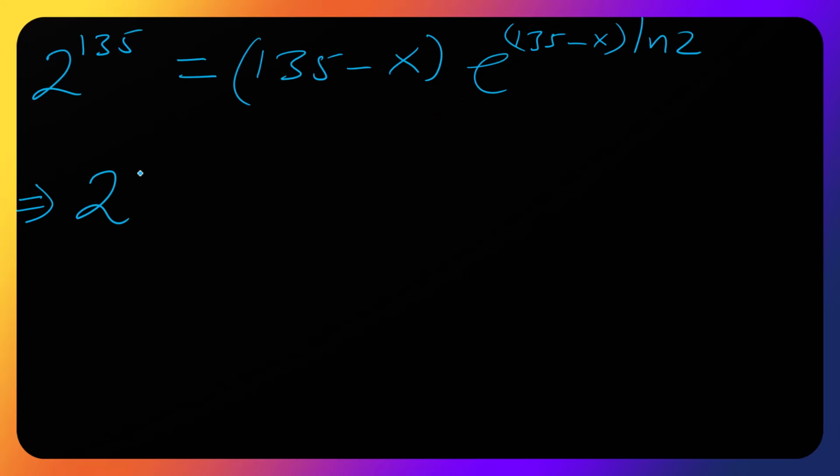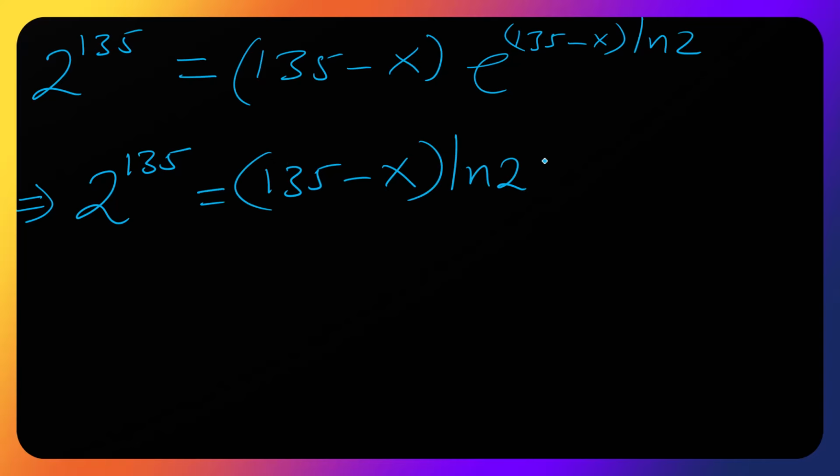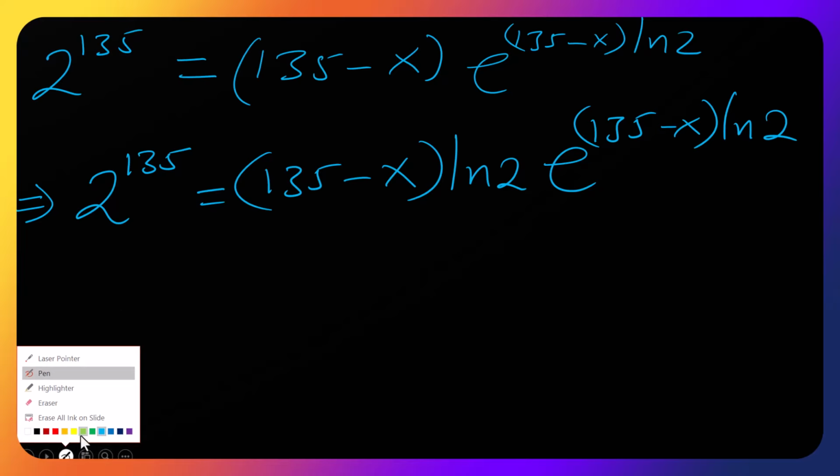So 2 raised to 135 ln of 2 equals 135 minus x ln of 2 times e raised to 135 minus x ln of 2. From here, we can take the W function.